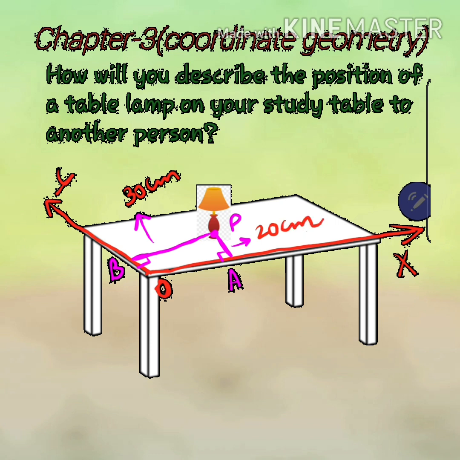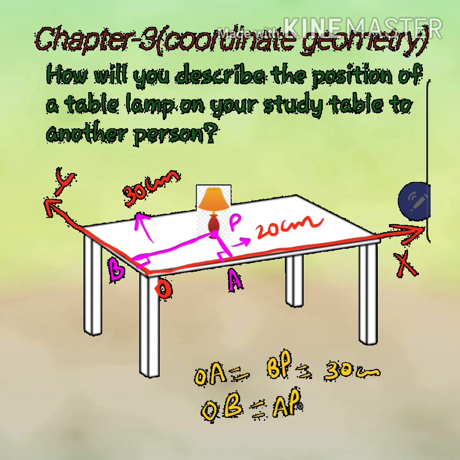The distance OA or BP, we can say, is equal because they are parallel and their gap is equal. So OA and BP are both equal and measure 30 centimeters. Similarly, OB and AP are both equal and their length is 20 centimeters.